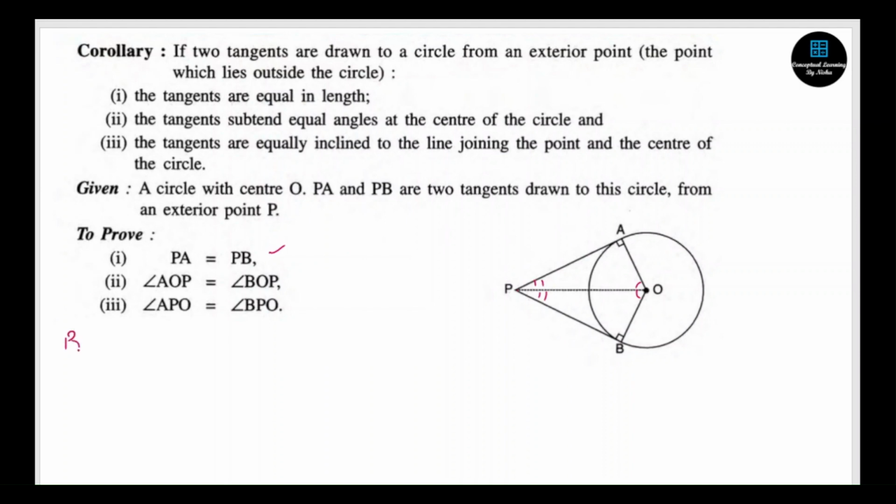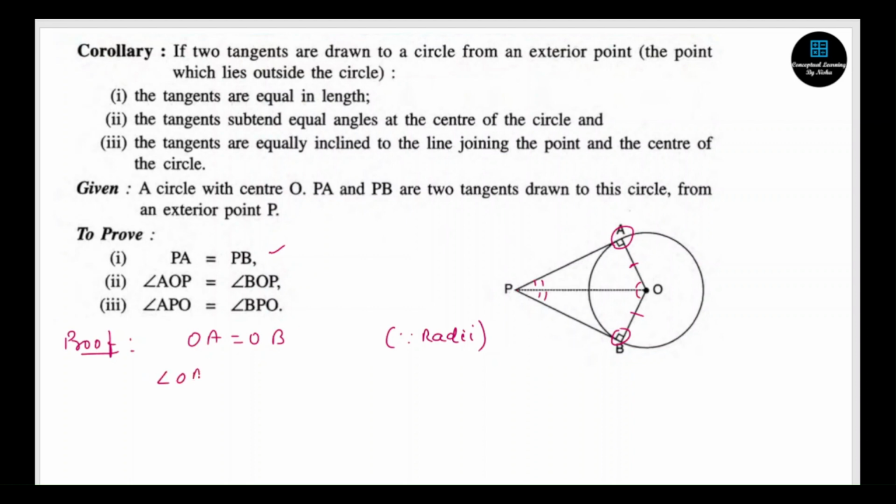To prove this I can use the congruency of two triangles. Now check here, these are radii, so I can say OA equals OB. Why? Because they are radii. Then what about this angle and this angle? Yes, they are 90 degrees.